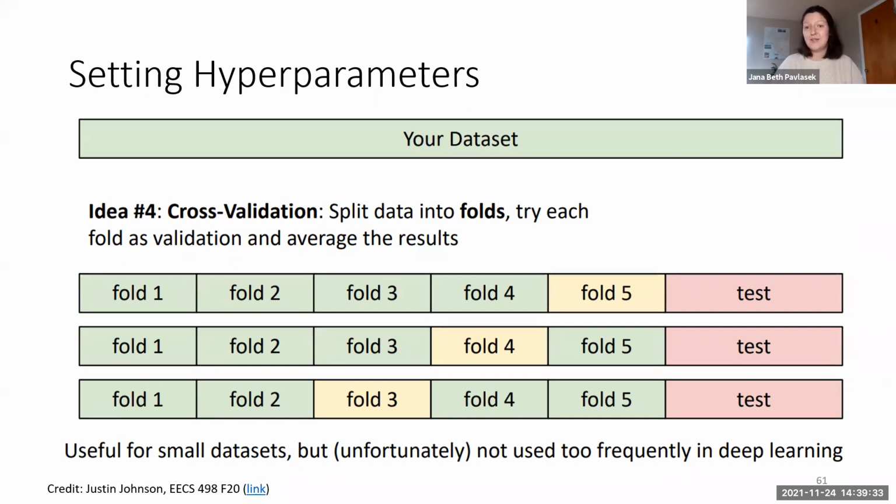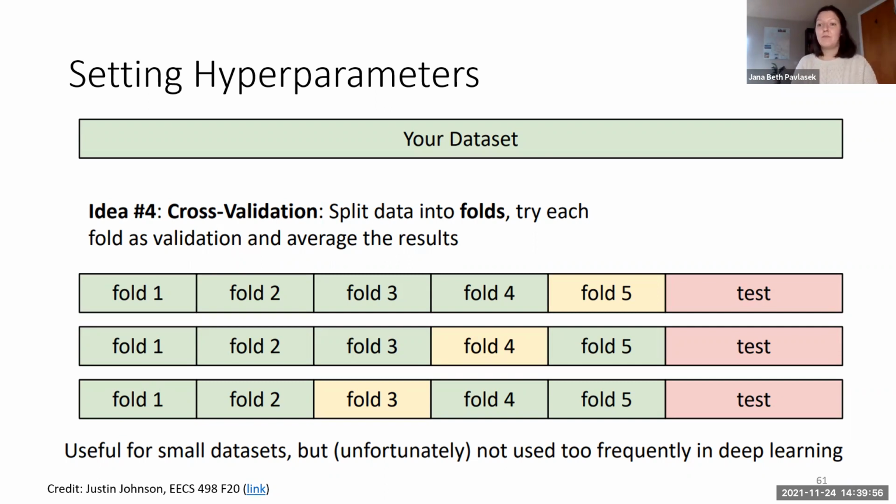It's not really used too frequently in deep learning just because it's very expensive and slow to do. In nearest neighbors, we don't really have much of a training step. We're just saving our data, so our training step would basically be separating out these folds.